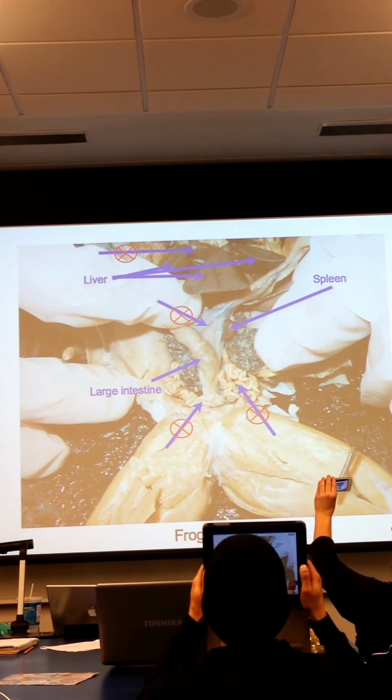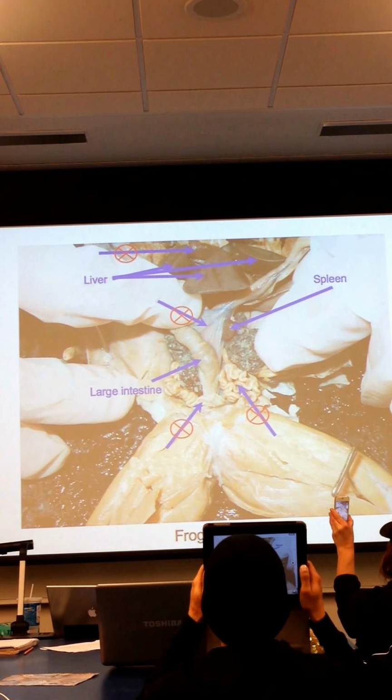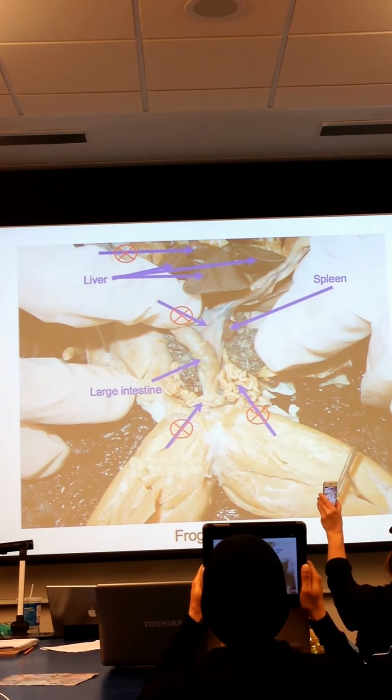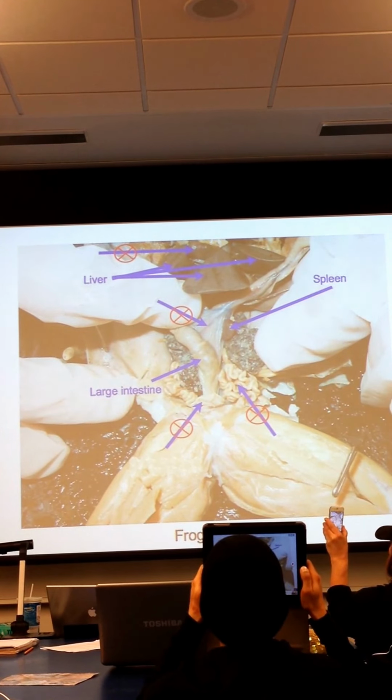And then we have the liver. Here you get a better view of the eggs and the ovaries in here. When you see the frog, you'll have the whole frog to look at, not pictured sections like this. But it'll also help you put things into perspective a little bit.